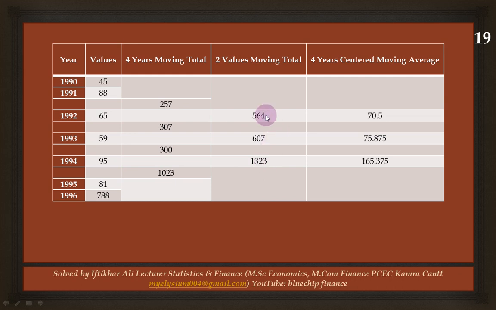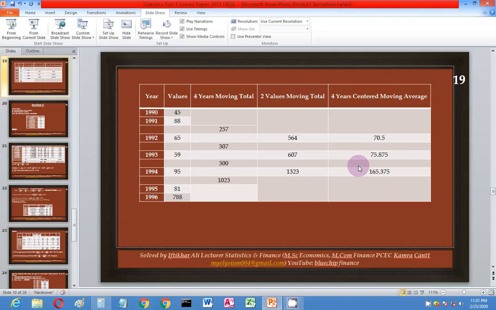Now we just divide these values by 2. 564 divided by 2 is equal to 70.5. 607 divided by 4 is 75.875, and 1323 divided by 4 equals 165.375. Let me confirm this.